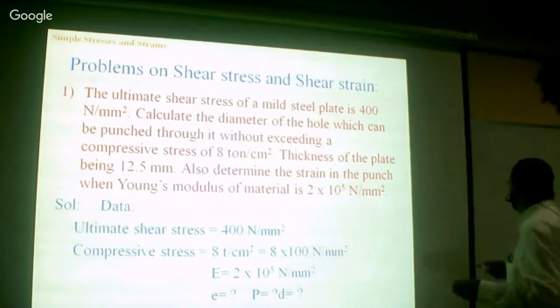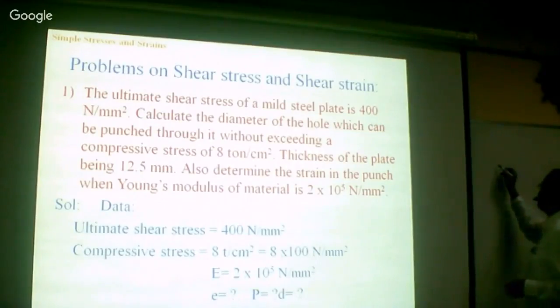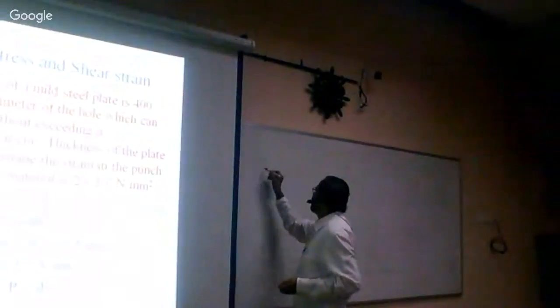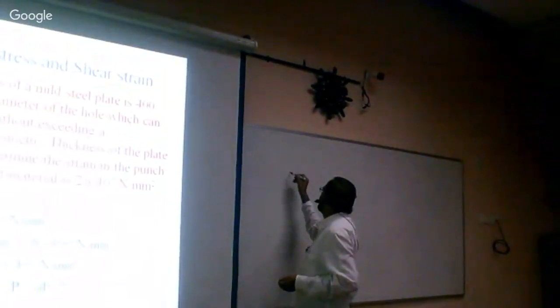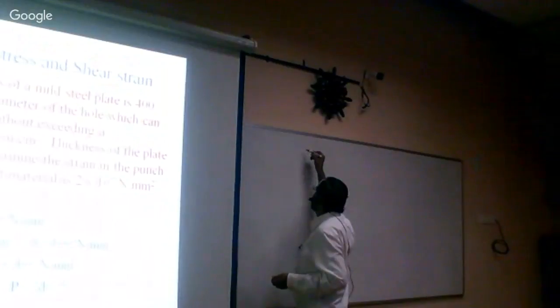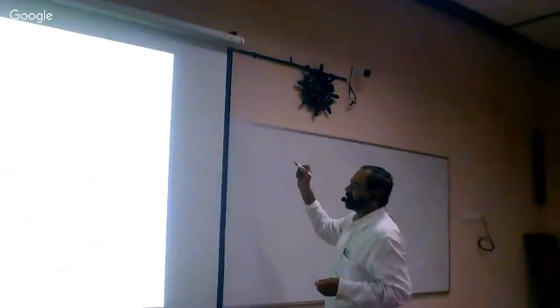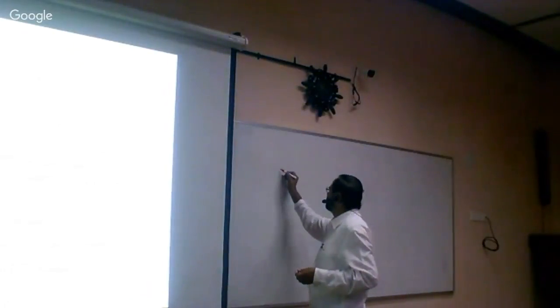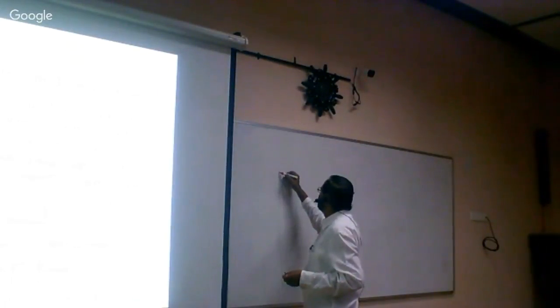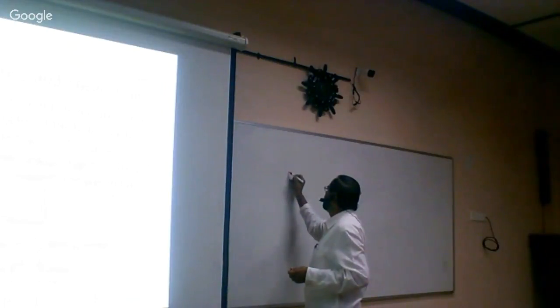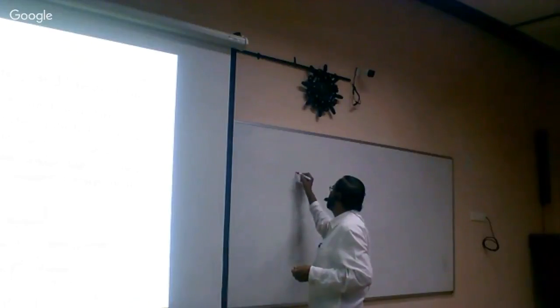Now, let us assume, please understand, there is a metal plate. They have given the problem like this. There is a metal plate having a thickness. The thickness of the plate is 12.5 millimeter.